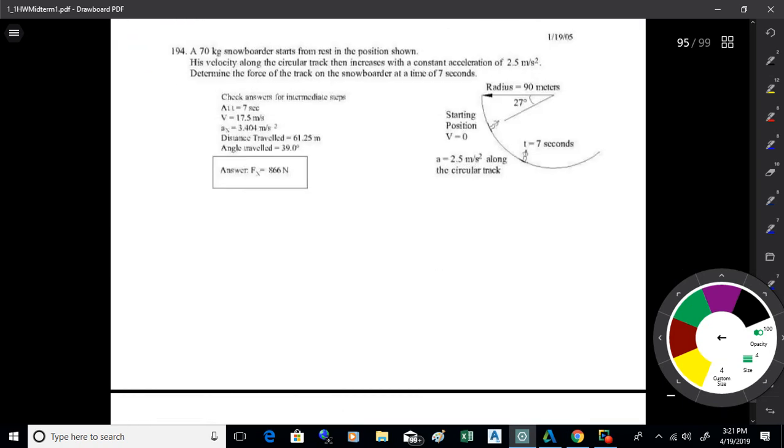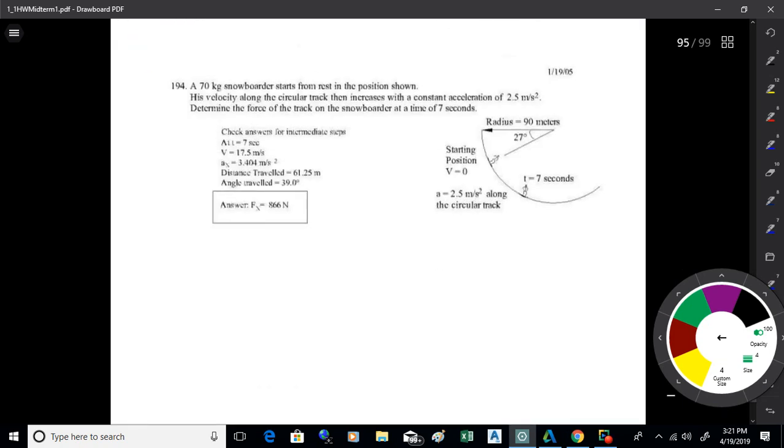Okay, some of these problems are a little bit contrived. This one is just a little bit, I think. We've got a snowboarder here on a semicircular half pipe, I guess, 70 kilogram mass. The snowboarder starts from rest in the position shown, and then the velocity along the circular track increases with a constant acceleration.